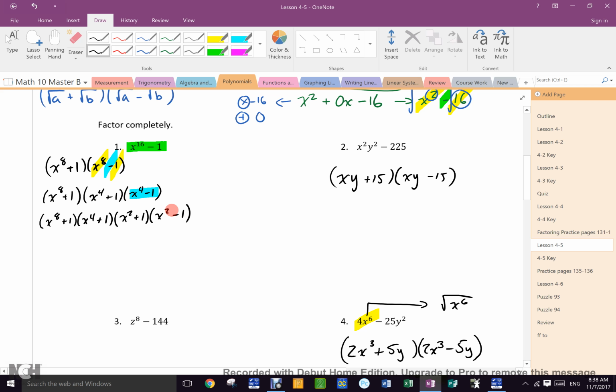Because that's a squared minus a square, isn't it? So I have x to the 8th plus 1, x to the 4th plus 1, x squared plus 1, x plus 1, x minus 1. Now am I done? Yes.